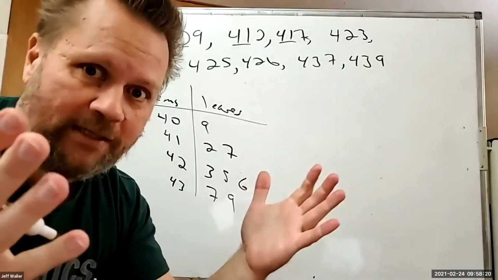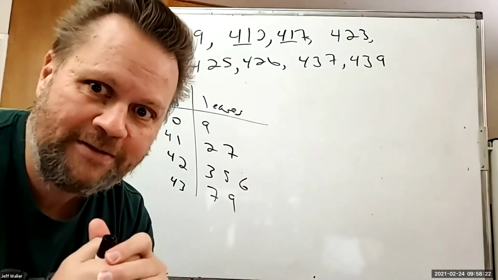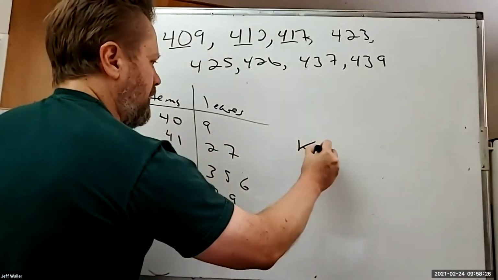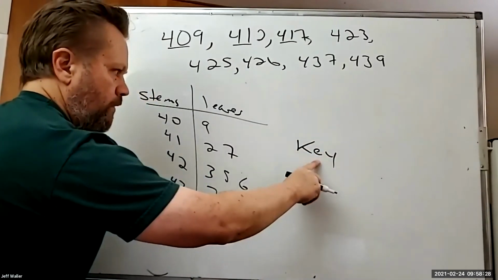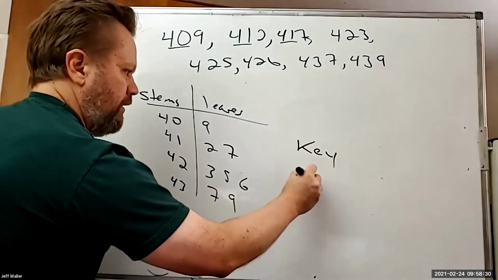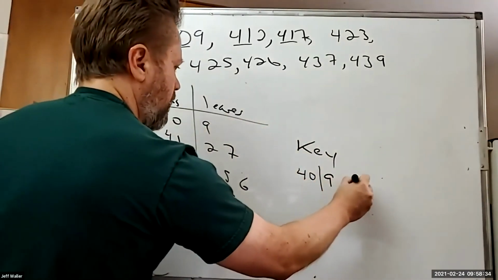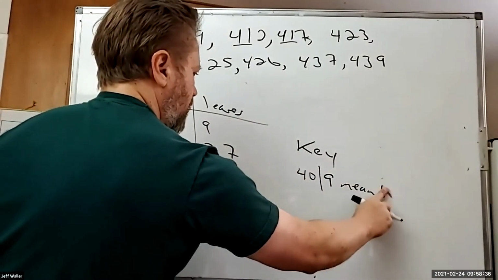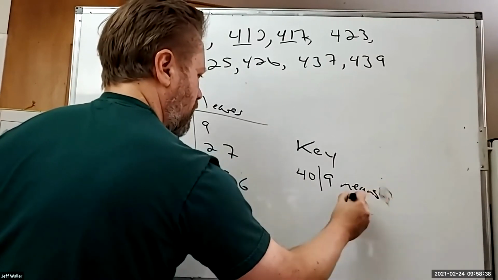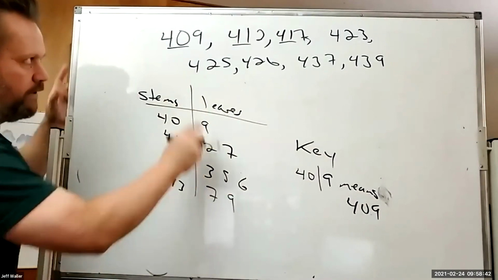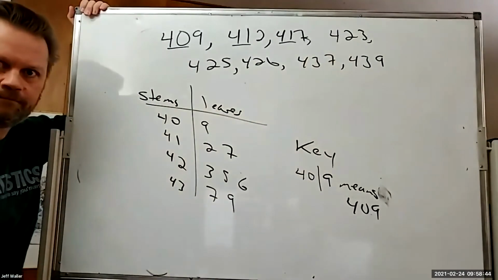Because that's going to mean a lot to me if I got to walk there. So this only makes sense if I have a key. So for example, I could say key 40 line 9 means 409. Now somebody could read this without seeing this data.